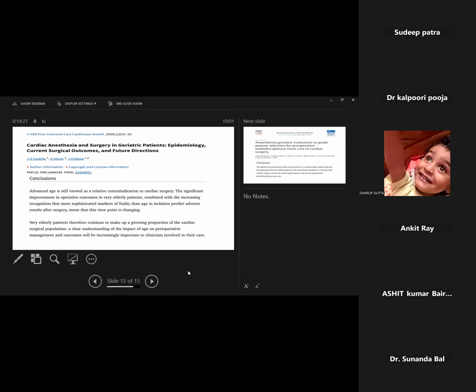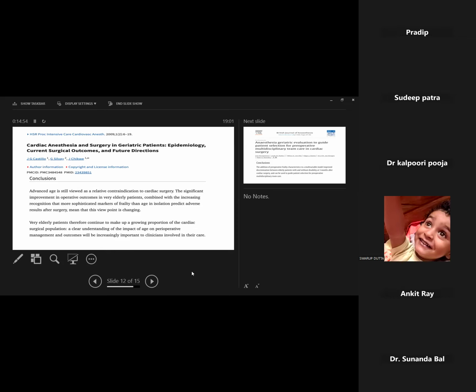So, I would like to say whether to get operated or not should be the willful decision of a person who is sound enough to understand the consequences of not being operated, the benefits of getting operated, and the risk of the surgery and the anesthesia, and he should be able to take his own decisions.